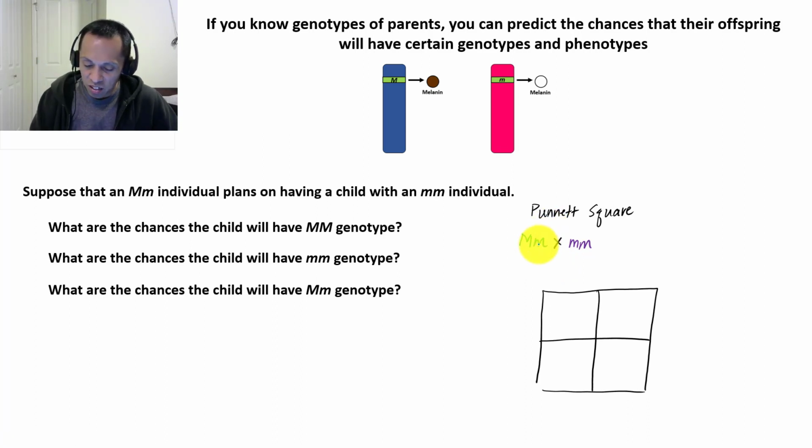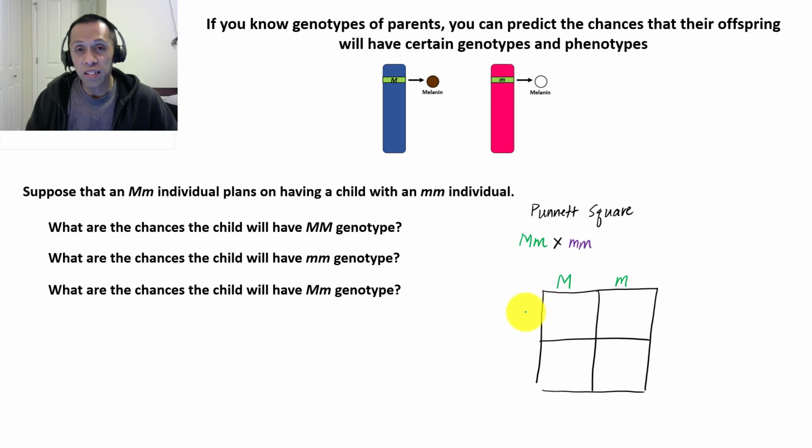So again, half of this person's reproductive cells are going to have the big M allele in it, and the other half are going to have the little m allele in it. What these letters represent, one big letter M and one small letter m, are the reproductive cells that this individual produces.